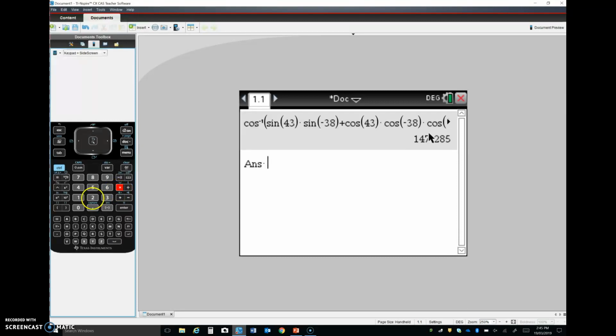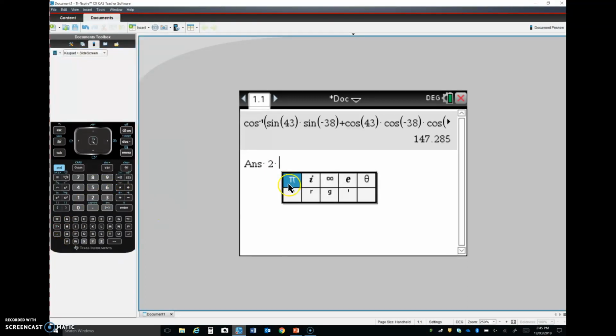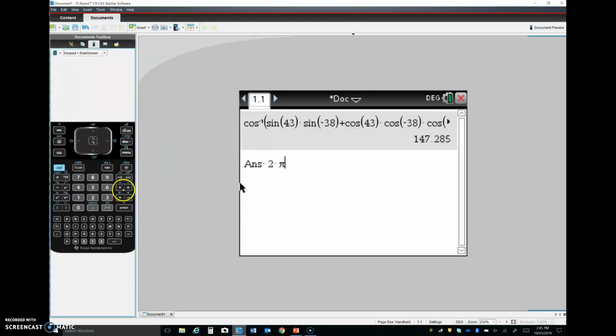And then I'm going to multiply it by 2, by pi, and everything else you normally would. Divided by 360, and we see the distance in kilometres is 16,377.4.